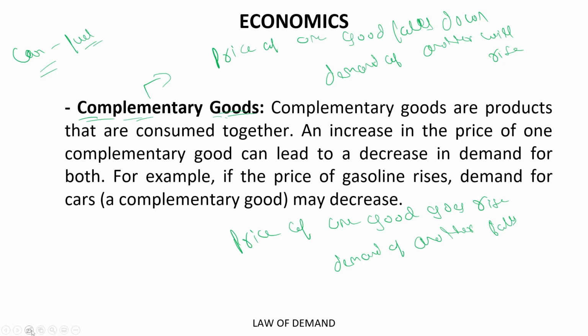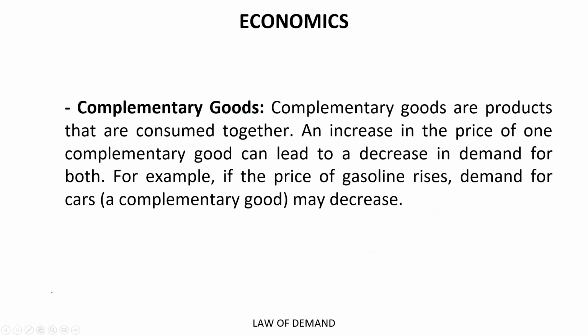So if we look at the example which I have provided, suppose you are planning to buy a car, but suddenly the fuel prices are rising, then what will happen? You will cancel your plan to buy a car because you are not able to afford fuel for it. Because of the rise in the price of one commodity, the demand of another will go down.